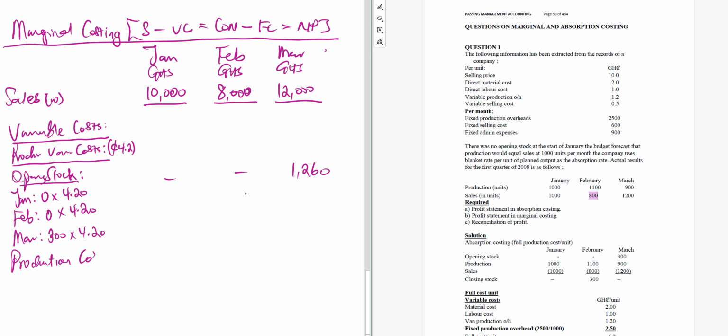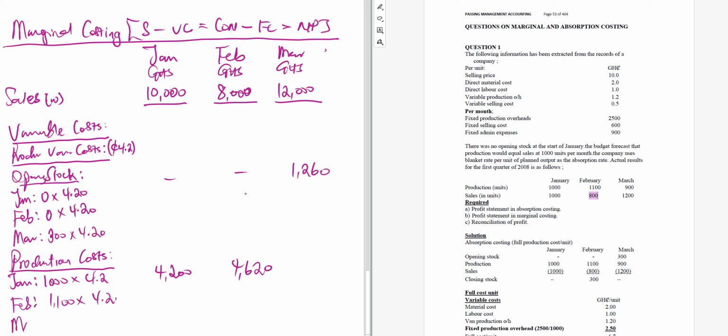Then we come to our production cost. Everything will be valued at the same 4.2, opening stock plus cost of production. January, we produced 1,000 units, valued at 4.2, which gives us 4,200. In February we produced 1,100 units at 4.2, that gives us 4,620.